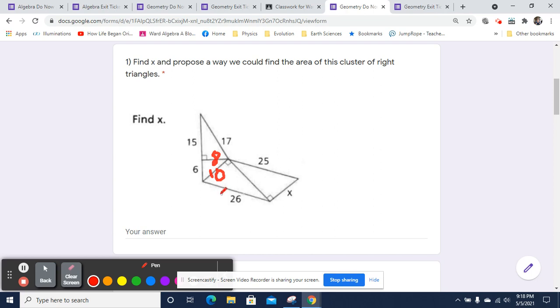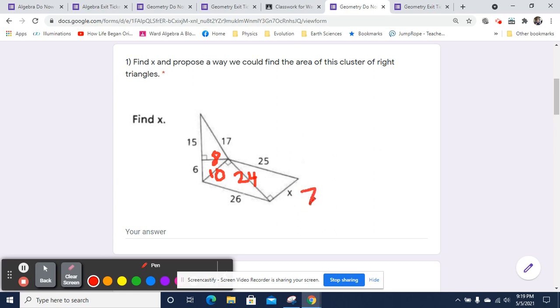There is a 5, 12, 13 triangle, which tells me that this one is 2 times 5, 2 times 12, 2 times 13. So this would be 2 times 12 over here, which is 24. And then, of course, there is the 7, 24, 25 triangle. So that has to be 7.